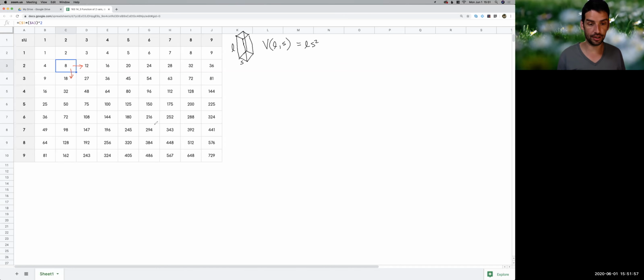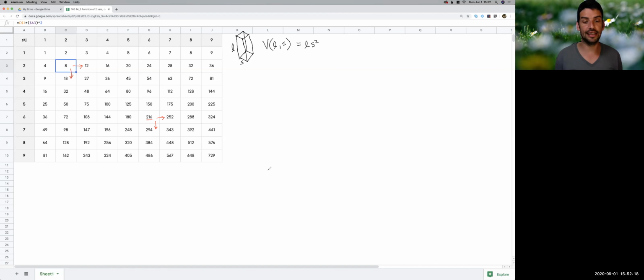Pick another square. For instance, I'll pick this square down here, 216. If I change the side length of the base by 1, we go up by 78 units, whereas if I change the height by 1, I'm only going up by 36 units.